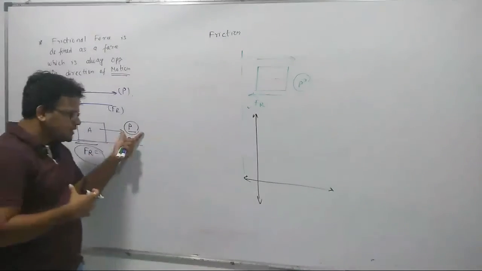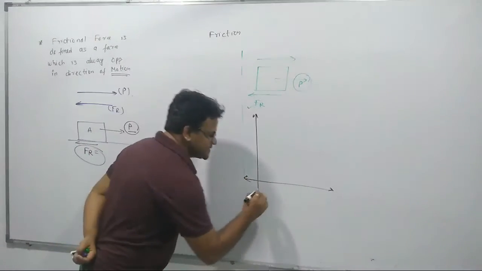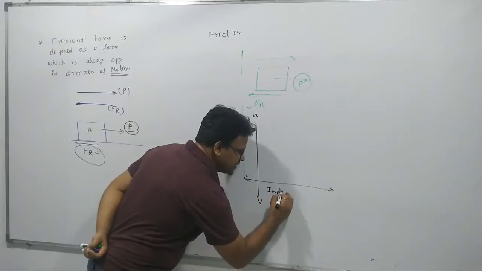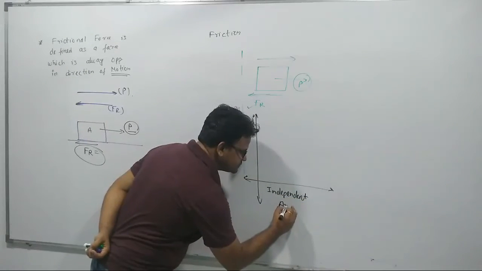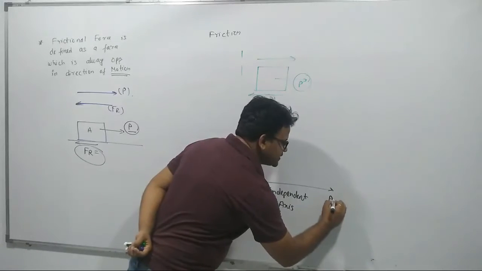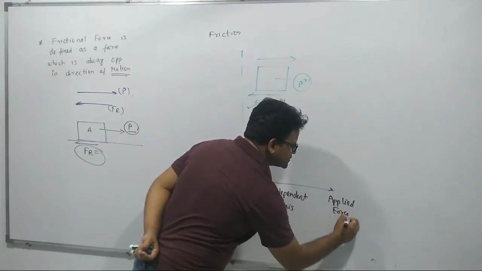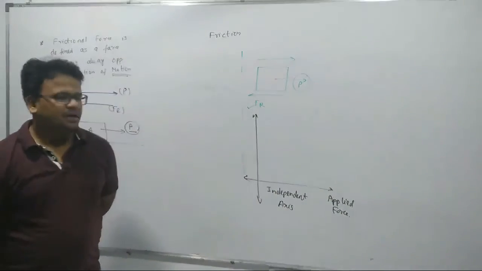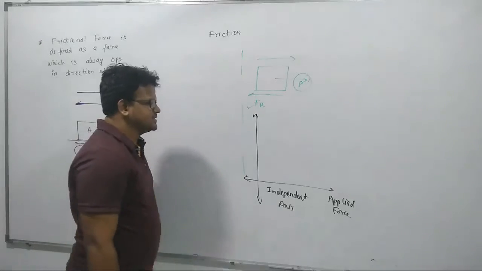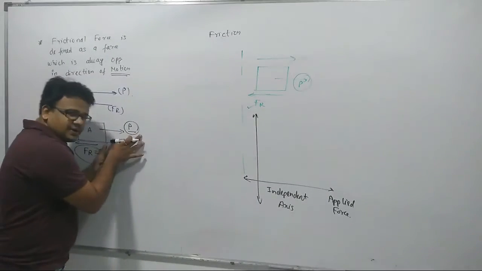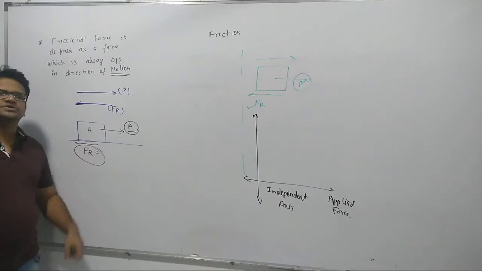This quantity is dependent upon us, so that should be on the x-axis, which is also called the independent axis. This is the applied force. Now on the y-axis, once we apply this applied force, opposite to that we have the frictional force.